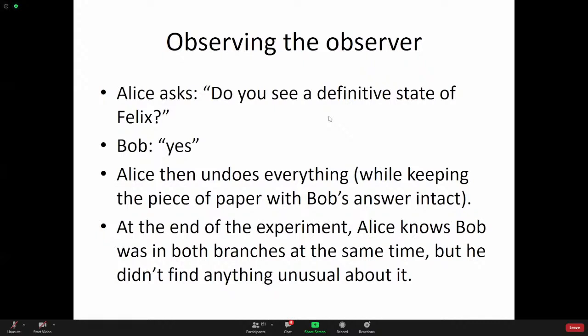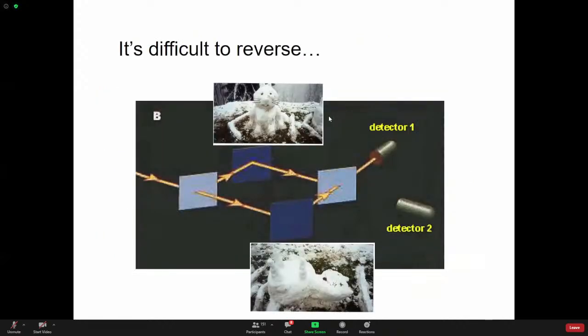So Alice would now have to interfere the whole thing, which simply means reversing the creation of the superposition. So any interference experiment is simply applying a unitary operation to create the superposition, and then applying its dagger to undo the superposition, which is what we call interference.